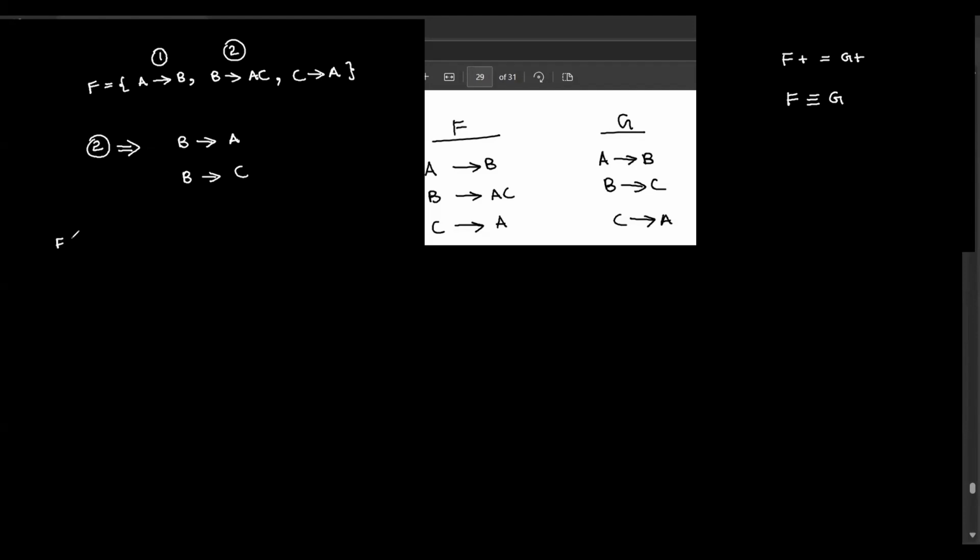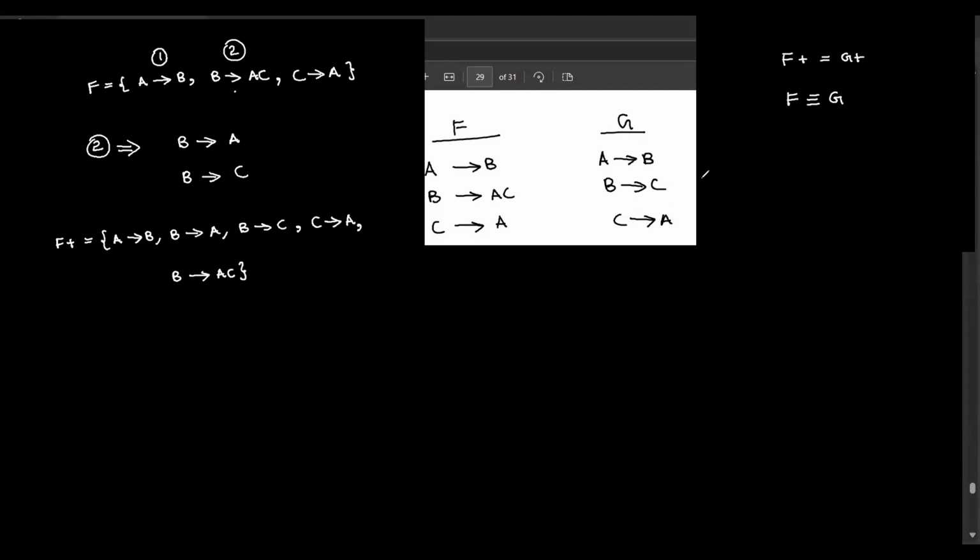So I can say F plus is equal to A functionally determines B, B functionally determines A, B functionally determines C, A functionally determines C, C functionally determines A, and also the second one, which is B functionally determines AC.